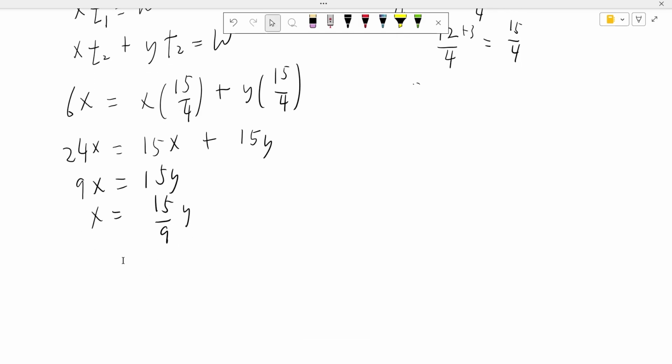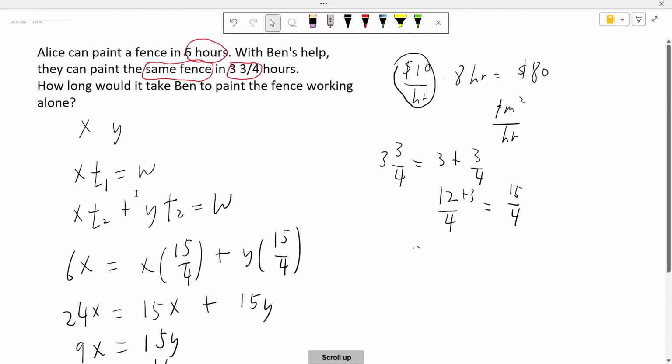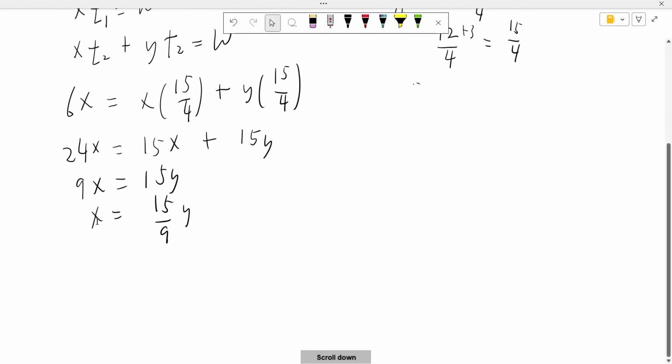So what this means is that Alice's rate is related to Ben's rate in this way. So x is 15 over 9 times y.